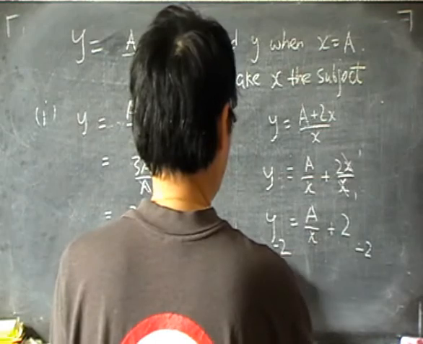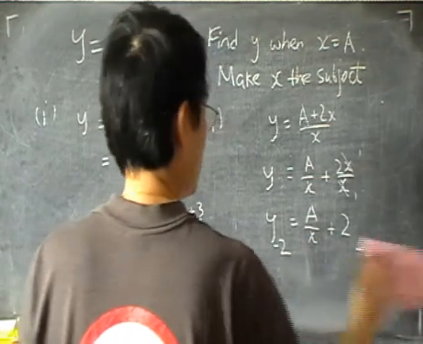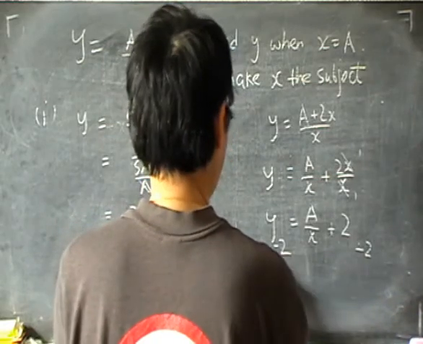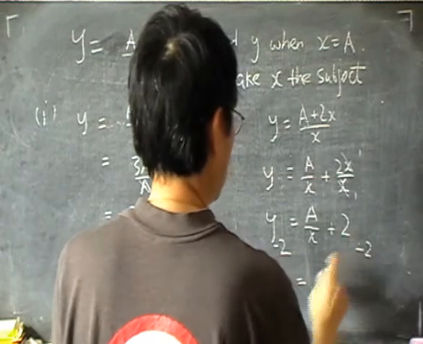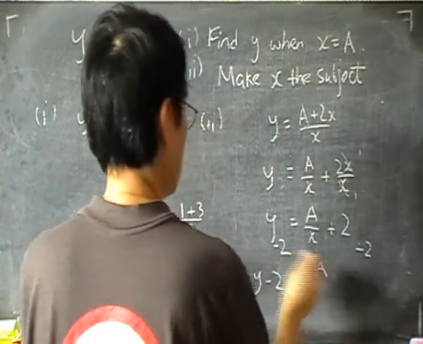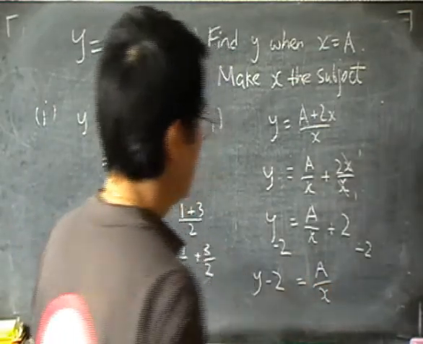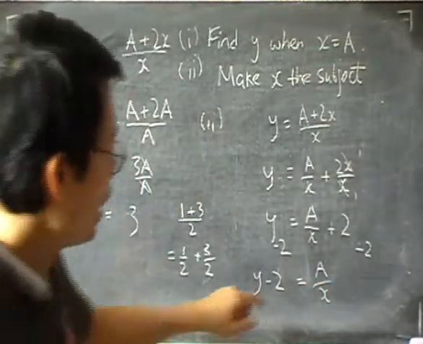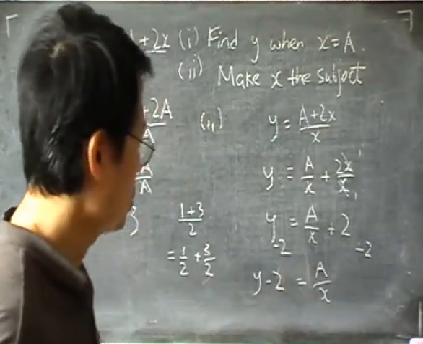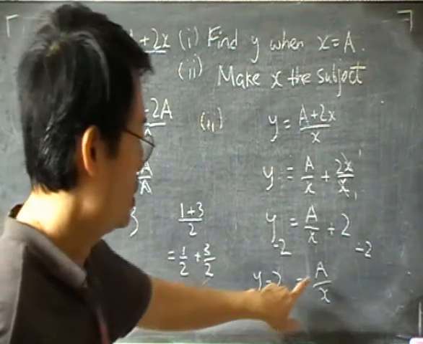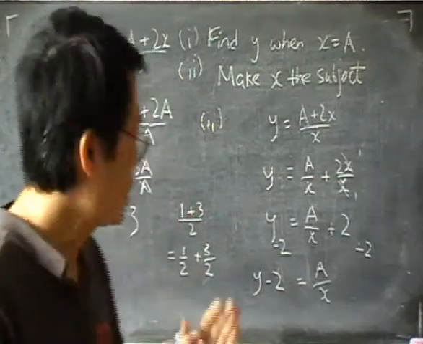So this is y minus 2. 2 minus 2 is 0, and so that's a over x. So now I have the x on one side, but I have the a as well, so that's not good. I want to get rid of the a as well. I want to have only x on one side.